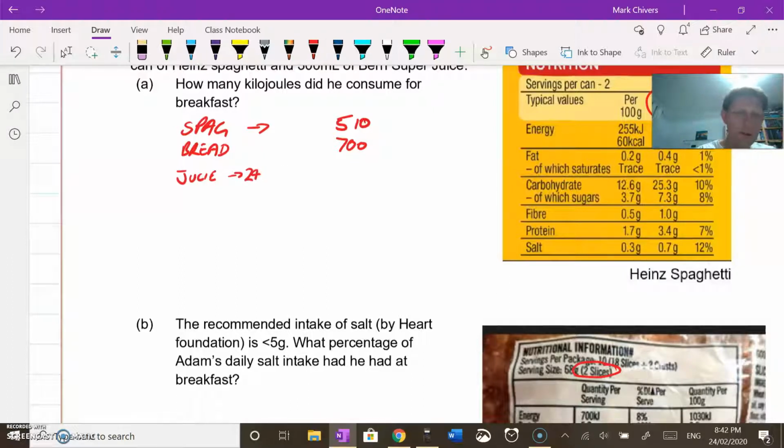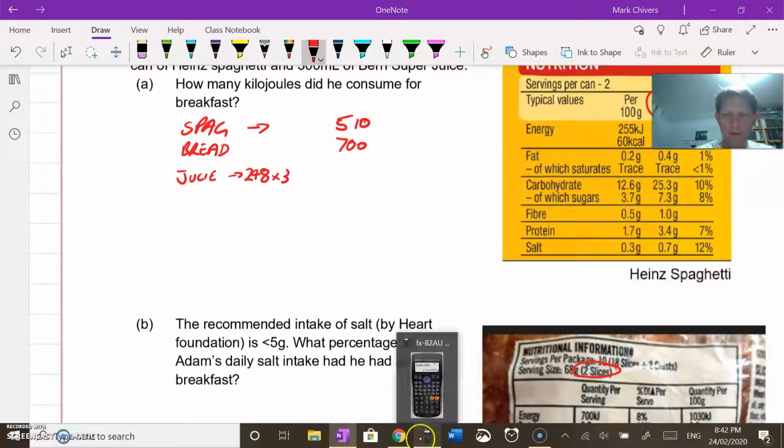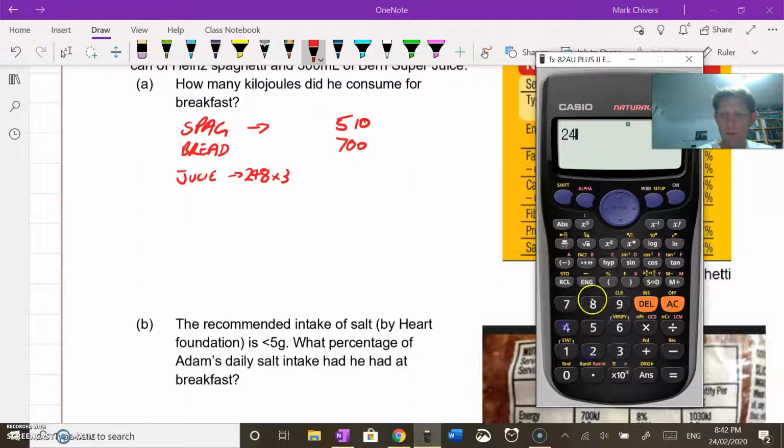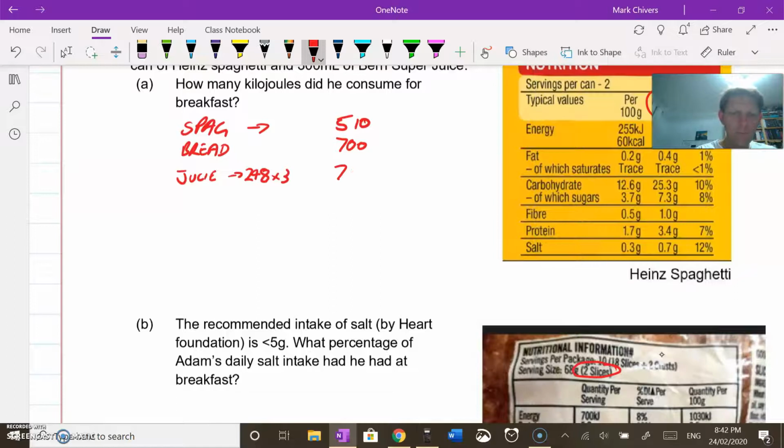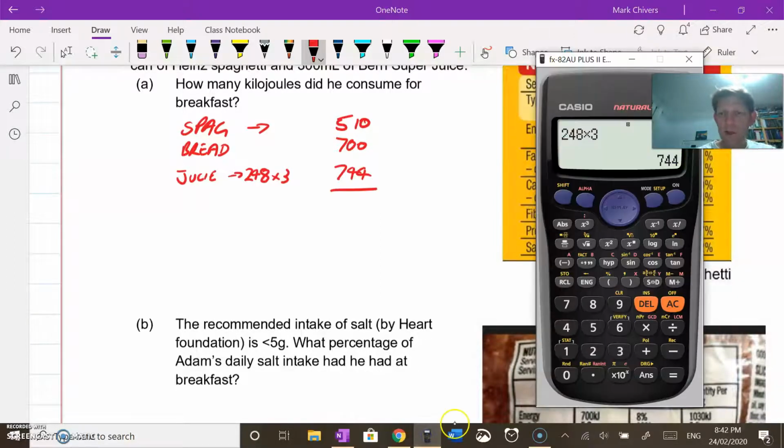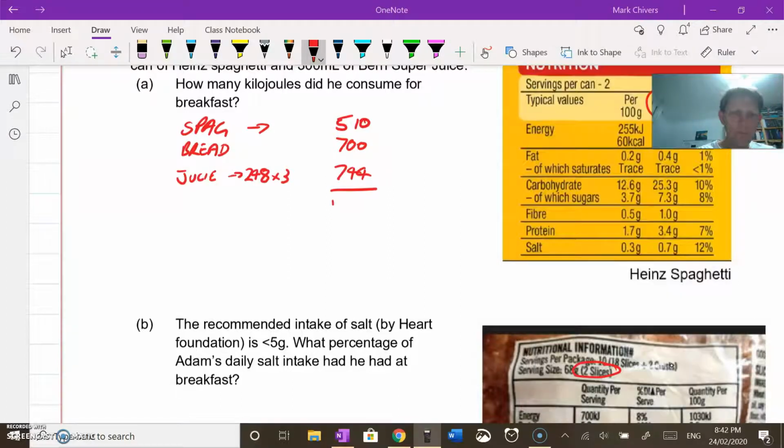I might just rewrite that out there. And that's going to equal 248 times by 3 is 744. And if I total those up, that'll give me the kilojoules for the whole of the breakfast. So 510 plus 700, and I've got my previous answer in there, so 1954.